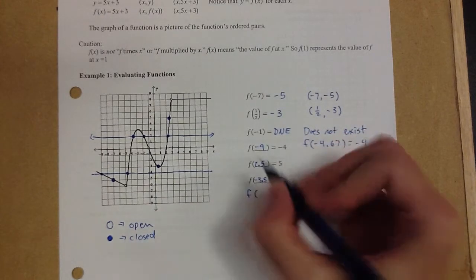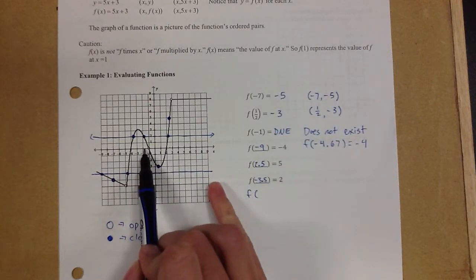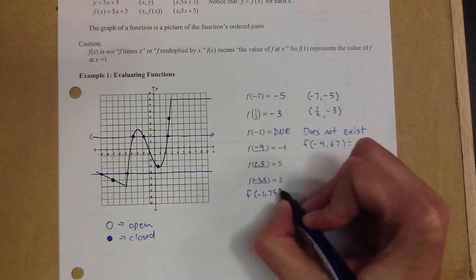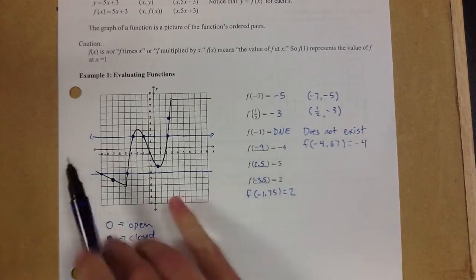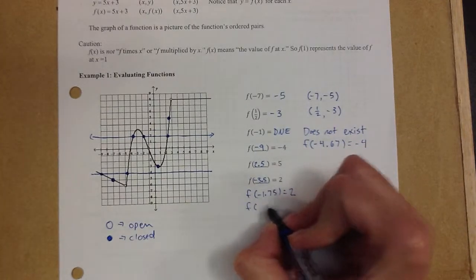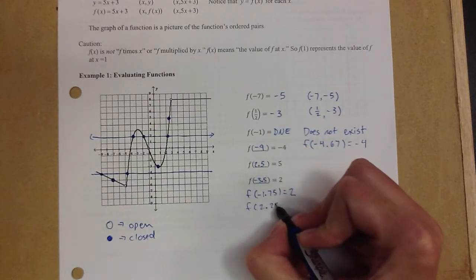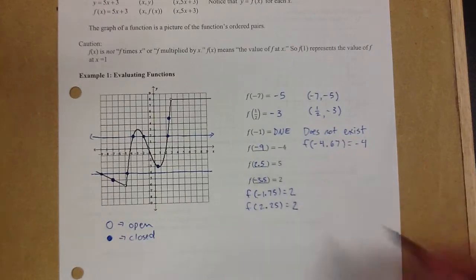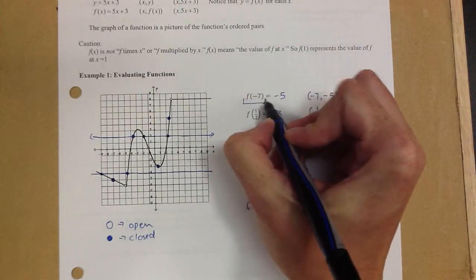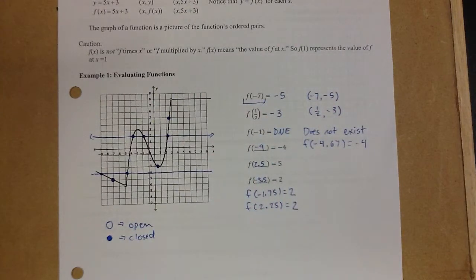Next one, that would be this point right here. So we're going to say negative 1.75 is also 2. Come over here. There's that other point. We'll say f of about 2.25 equals 2. So this part right here is the function notation, the f of this value. That's the function notation part.